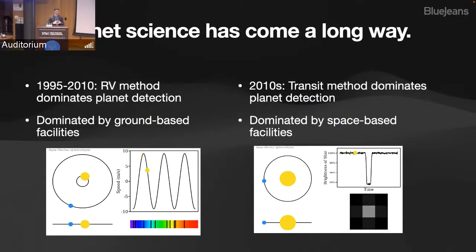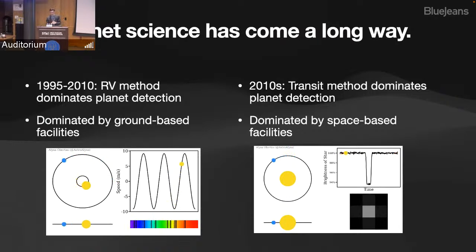The history of exoplanets starts with the radial velocity detection method. This is a method where you're looking at the wobble of a star as it's pulled back and forth as the planet orbits around the star. This requires a lot of photons because you're taking spectroscopy, and so it was dominated by ground-based facilities.